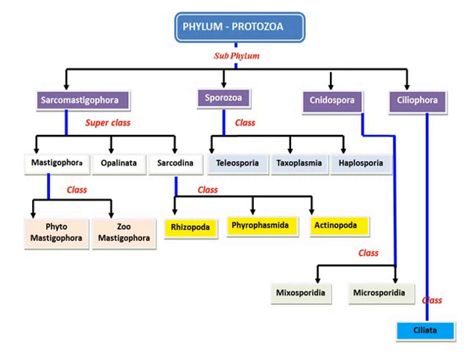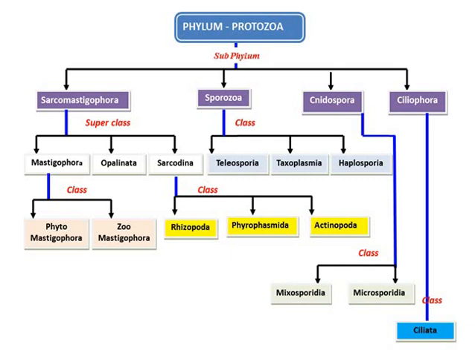There are Sarcomastigophora, Sporozoa and Cnidospora, and Ciliophora. Sarcomastigophora is divided into superclasses: Mastigophora, Opalinata, Sarcodina. The superclass Mastigophora is again divided into classes Phytomastigophora and Zoomastigophora.